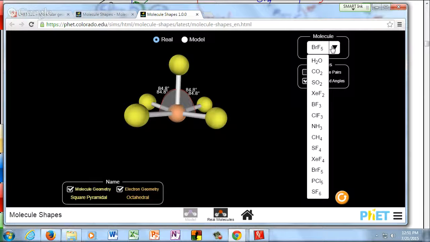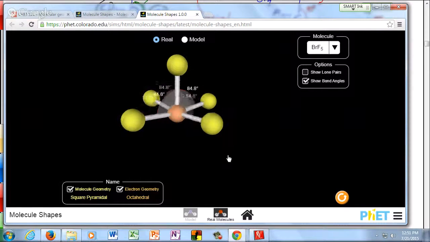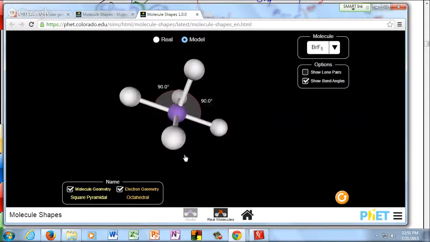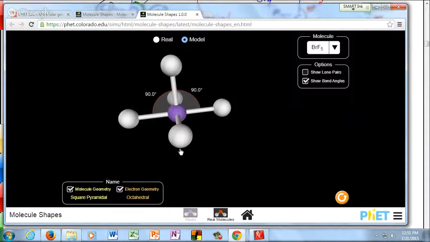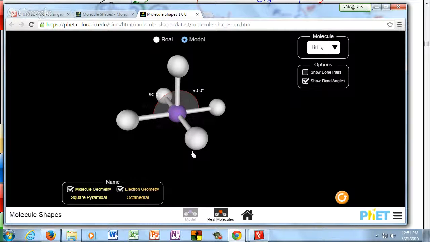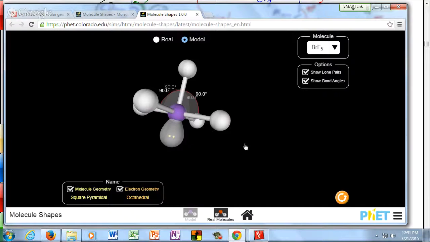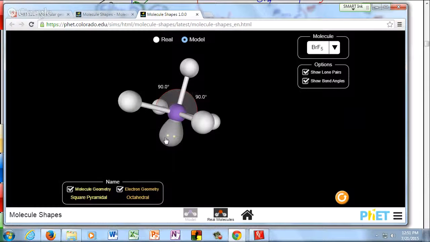And then if we remove a second one, where do you think the second one is going to get removed from? Yeah, the top, right? If we take it off the top, let's show that lone pair again. We've got one down here. Lone pairs really repel each other a lot, so we want that second lone pair to be as far away as possible, which is going to be up here.